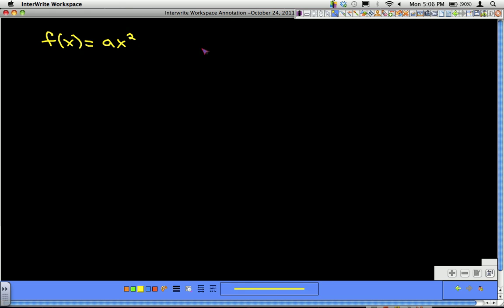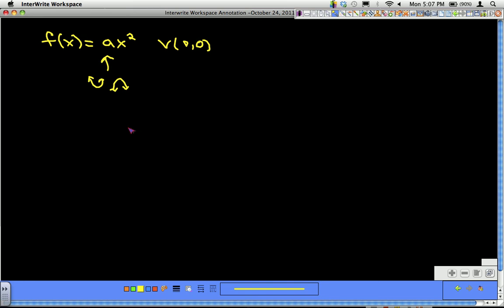Anytime we get the x squared all by itself, the vertex is always going to be at 0, 0. Now, a couple things are going to happen. We're going to start this off of a parent function, and we're going to take a look at a and see, other than just opening the parabola up or opening down, a whole bunch of other transformations that can happen based on that.